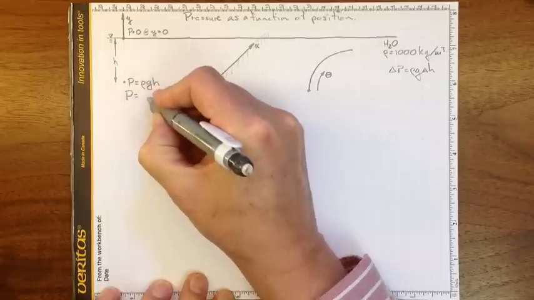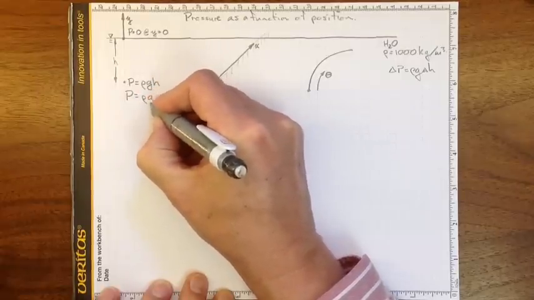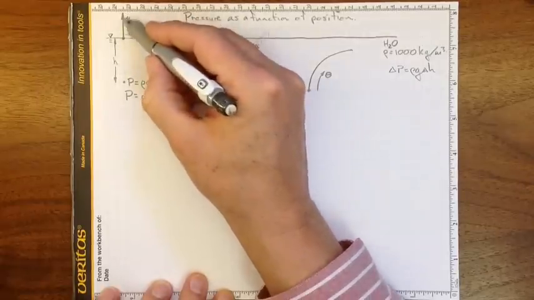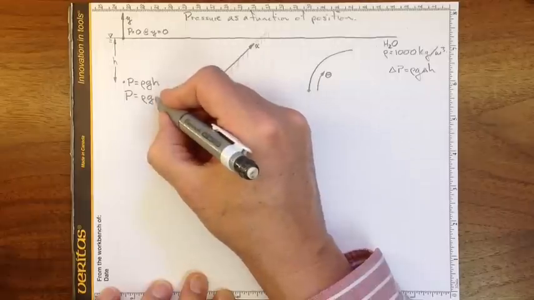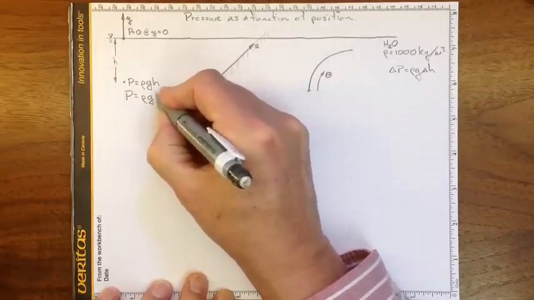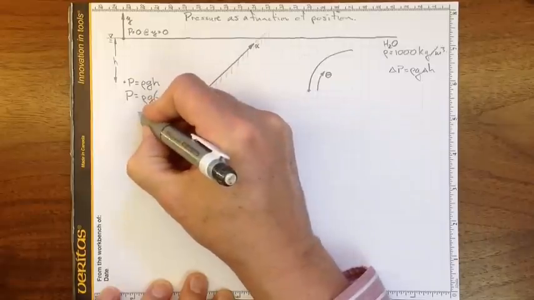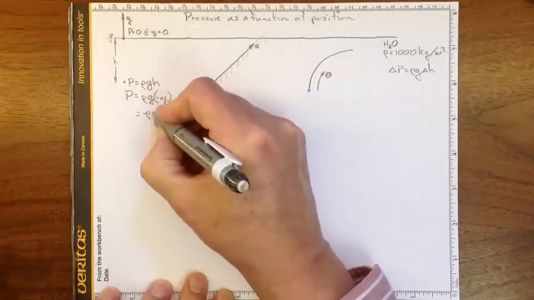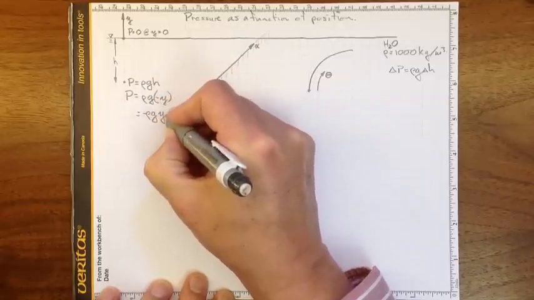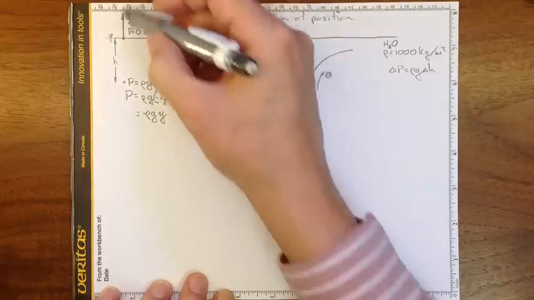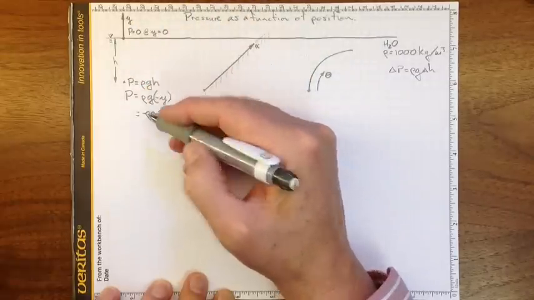So P is equal to rho g H, or rho g negative y, or negative rho g y. That's pretty straightforward to get it in terms of y.